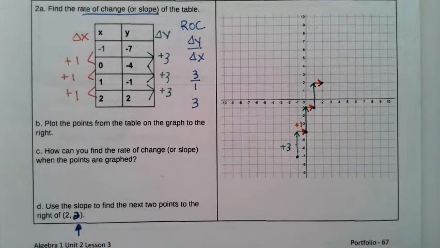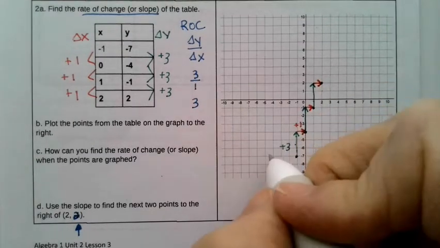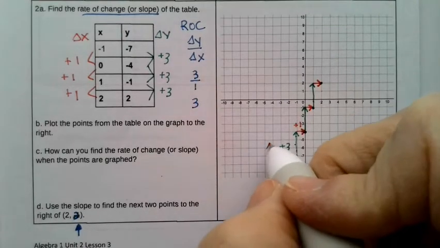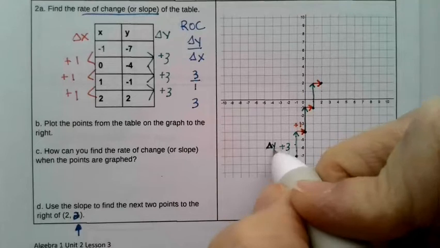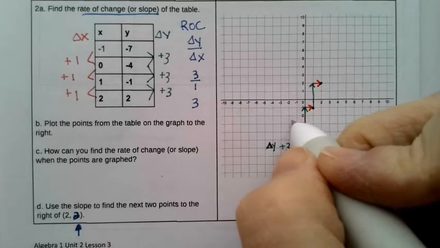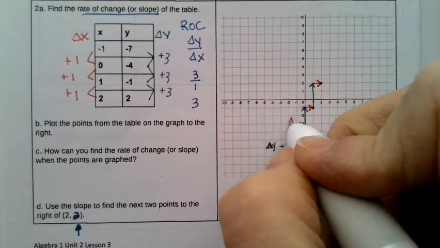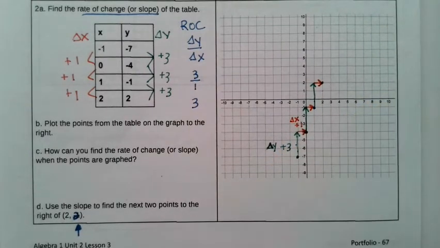So to have that labeled, vertically is your change in y, and horizontally is your change in x. So this is my change in y, and this little bit over here is my change in x. Please find the next 2 points. I'm going to pause right here so that you can do that on your own.